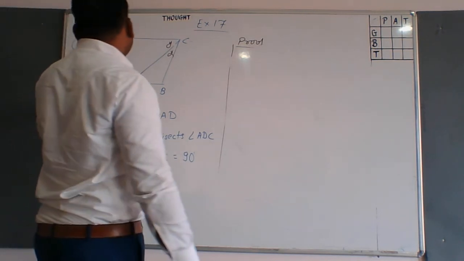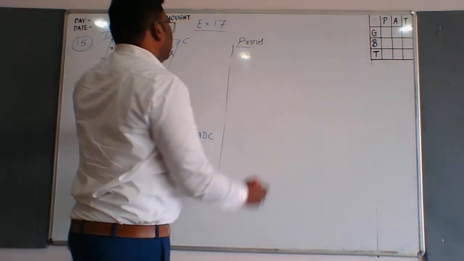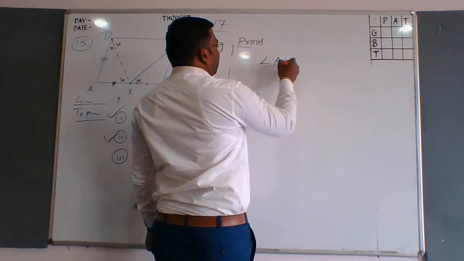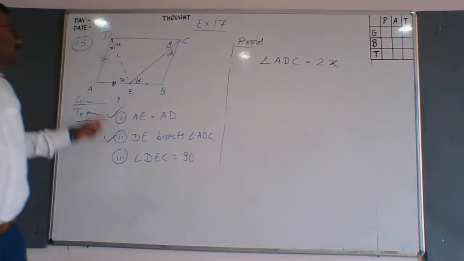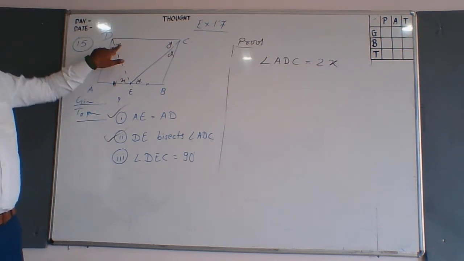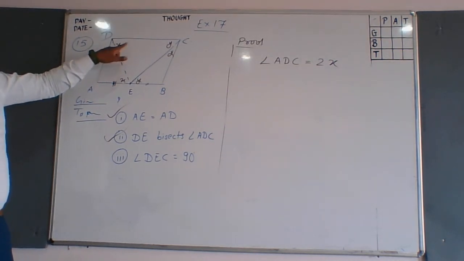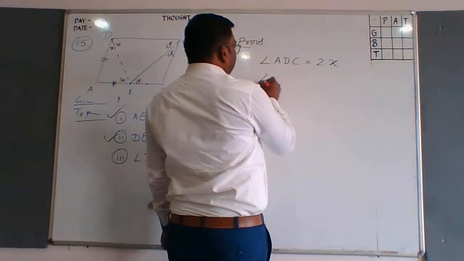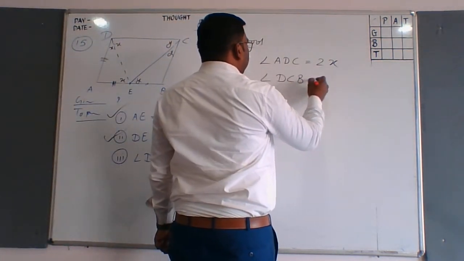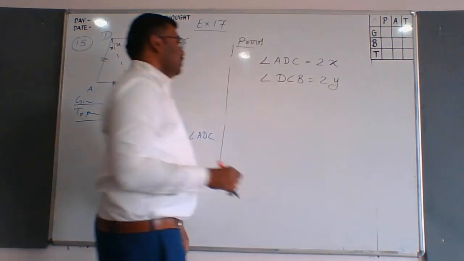Okay. So let us write this angle ADC. Angle ADC is 2x. ADC, x and x, 2x. Similarly, angle DCB is 2y.